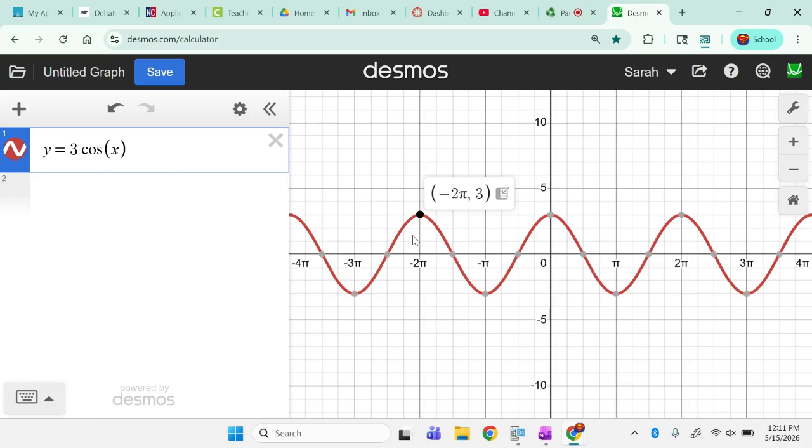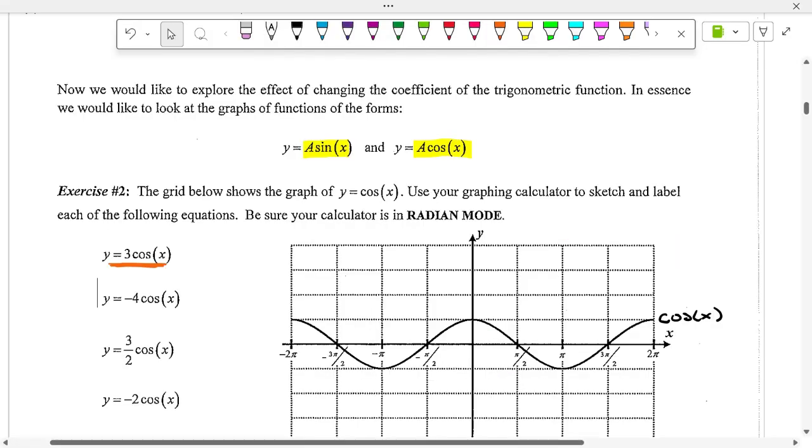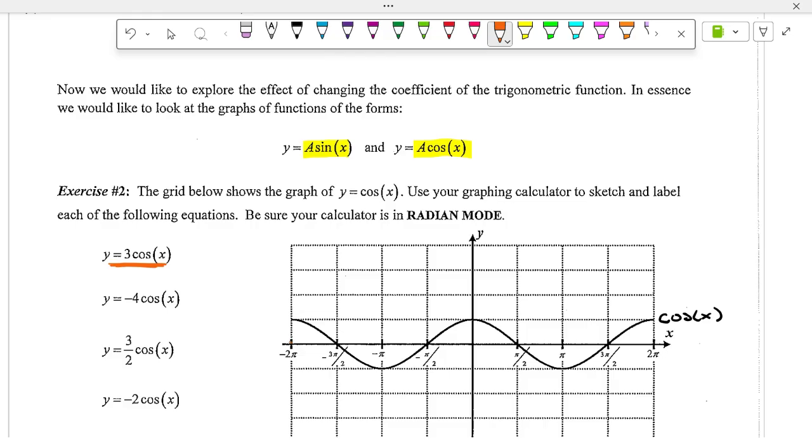Okay, so figure out all the y values for every value on the x-axis on your packet. So for example, negative 2 pi, what's the y value? 3. So that means I'll go to negative 2 pi, and then I'll go up to 3. Where is it at negative 3 pi over 2?